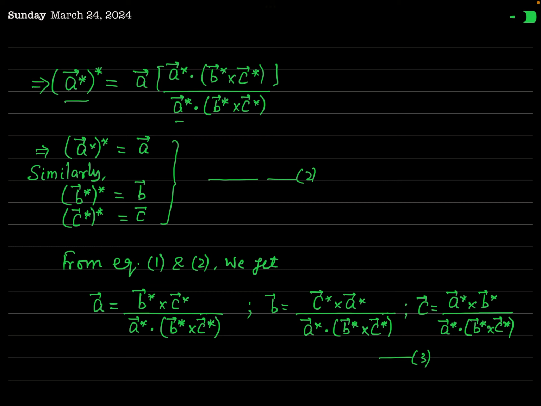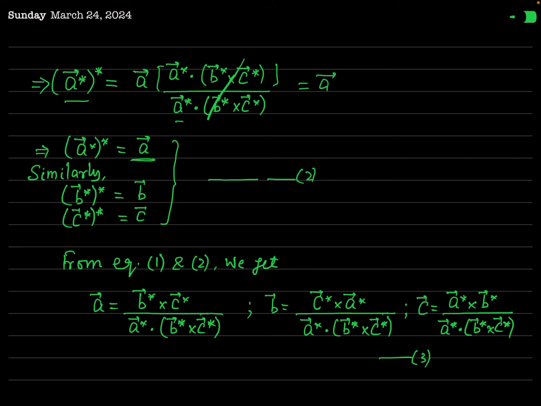Now these two scalars cancel out, and the remaining vector is only A. So what we are getting here is that when you take the reciprocal of the reciprocal lattice, you get the primitive translation vector of the direct lattice.